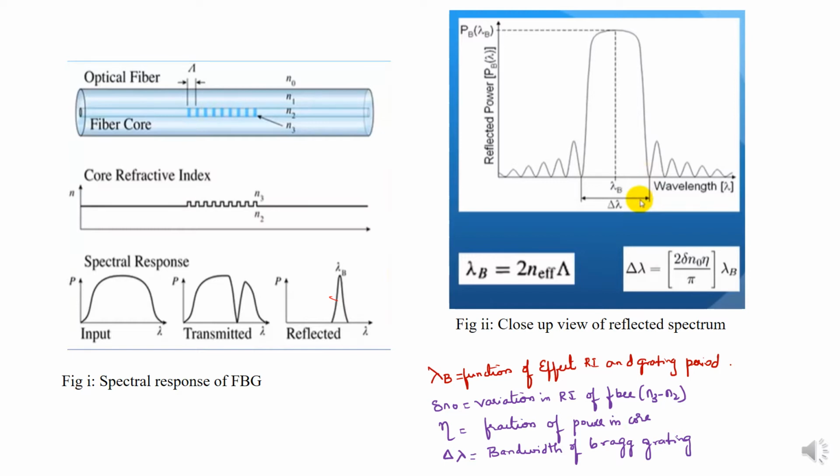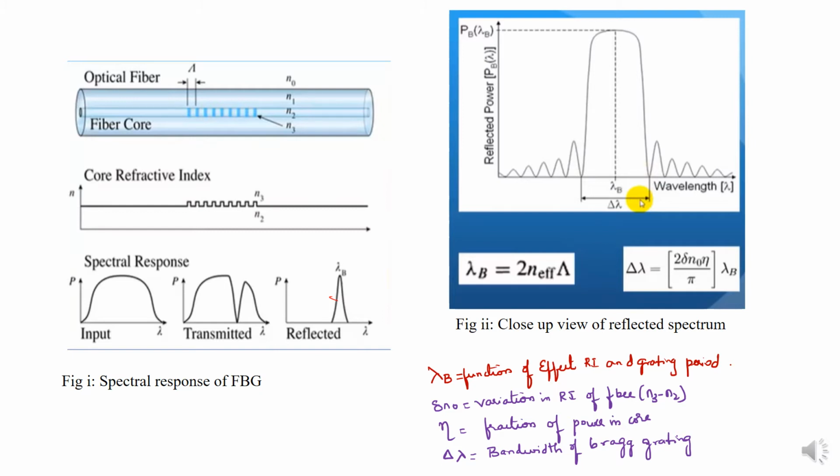Delta lambda is the bandwidth of the Bragg grating, also called the wavelength spacing. It is a function of 2 delta n naught eta by pi. That means it is directly proportional to the variation in the refractive indices, that is n2 minus n3 minus n2, and it is also proportional to the fraction of the power which is present in the core.